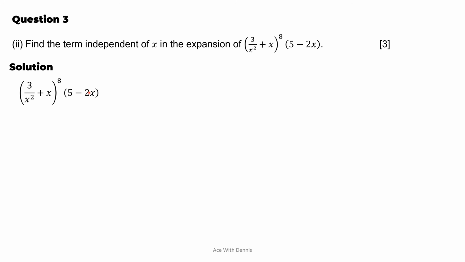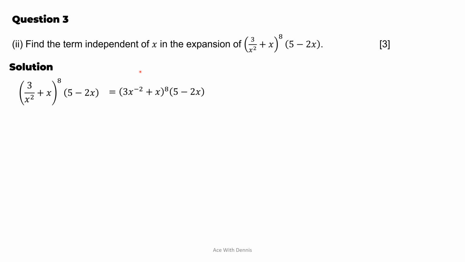Given the expansion of (3 over x squared plus x) to the power 8 times (5 minus 2x), we can rewrite this in indices form. 3 over x squared becomes 3x to the power negative 2, then plus x, to the power 8, times (5 minus 2x).